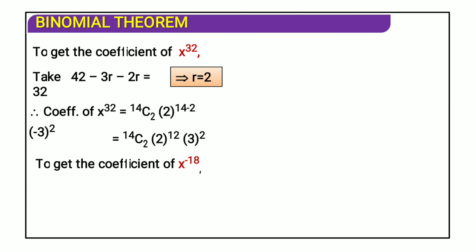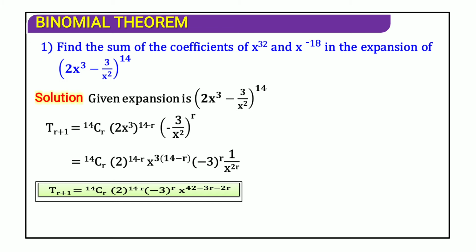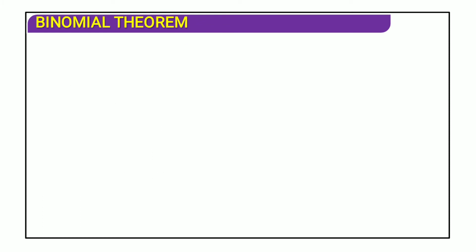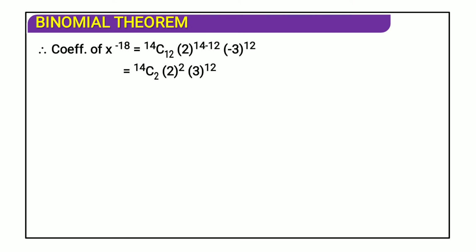The coefficient of x to the power minus 18, in the general term, we just put 42 minus 3r minus 2r equal to minus 18. You can easily get the value of r from here. It is so easy.